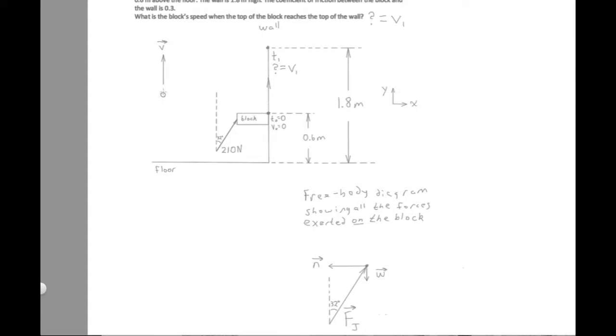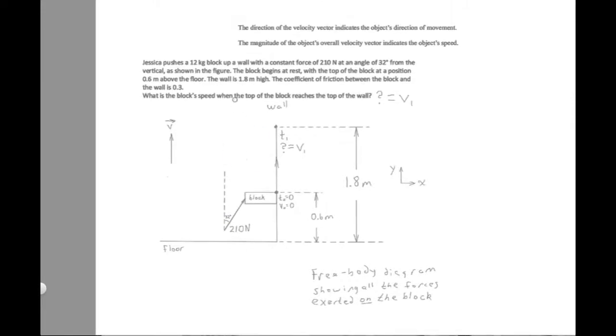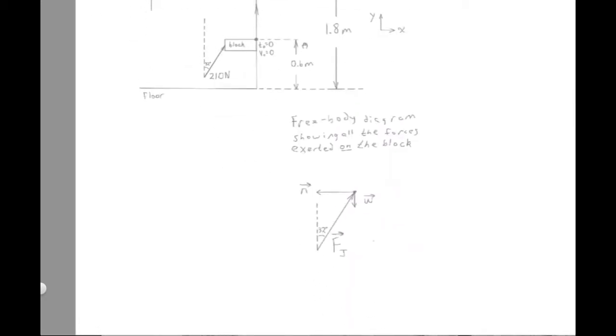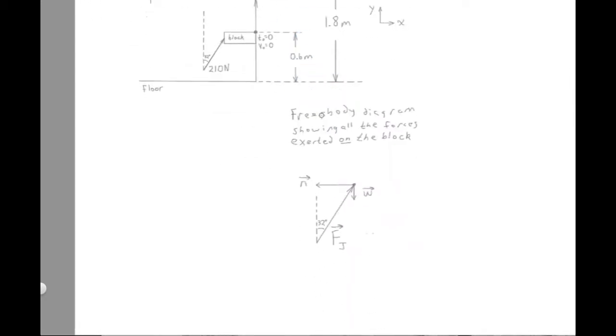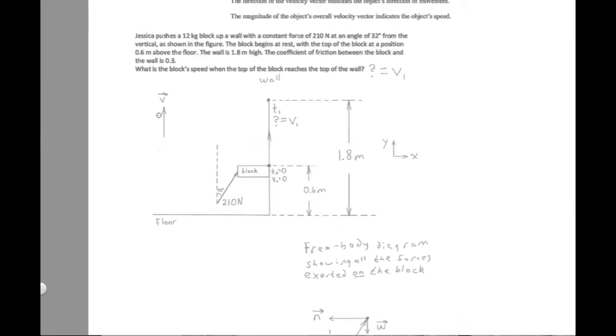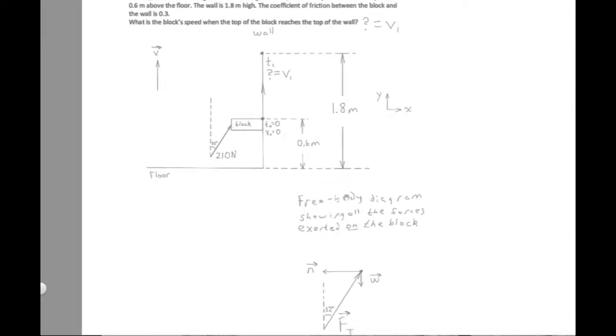The block is sliding up, so opposite to the direction of sliding would be down. So our frictional force will be down. This will be kinetic friction because the block is sliding. Because the block is sliding, we're going to use kinetic rather than static friction. And the direction of the kinetic friction is parallel to the surface and opposite to the direction of sliding. In this case, we're sliding up, so the direction of the kinetic friction is down.